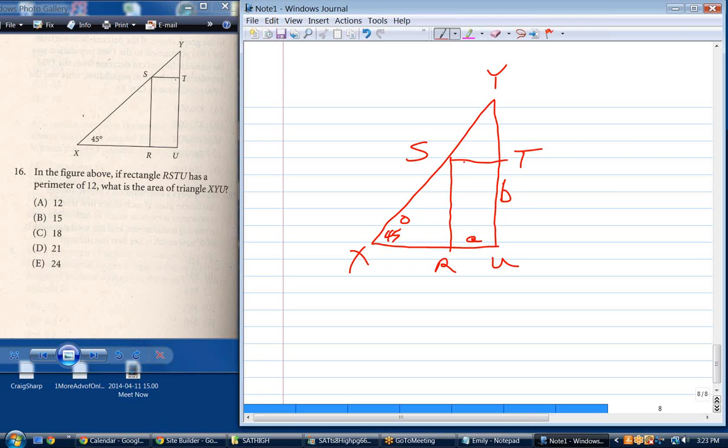We know that side is the same as that side because it's an isosceles right triangle. We know we have 3 similar triangles. You also know that 2A plus 2B equals 12, which means A plus B equals 6.